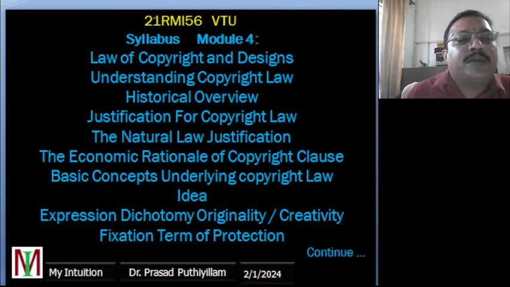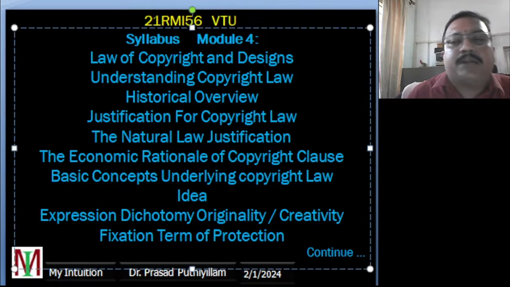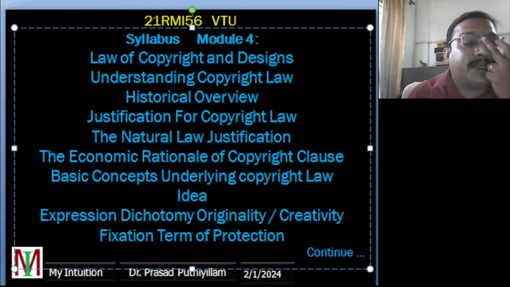Now the basic concepts underlying copyright law: concepts like idea, originality, fixation, and the term of protection are explained under this category.